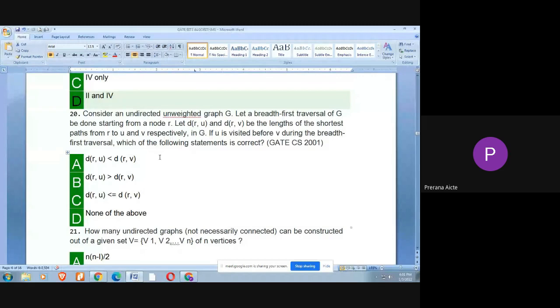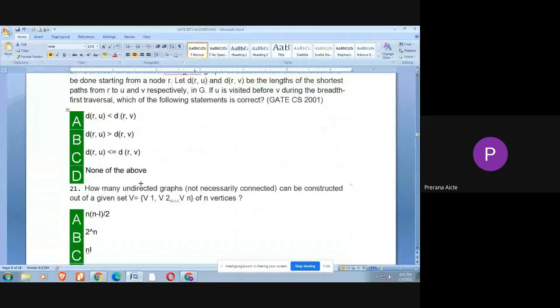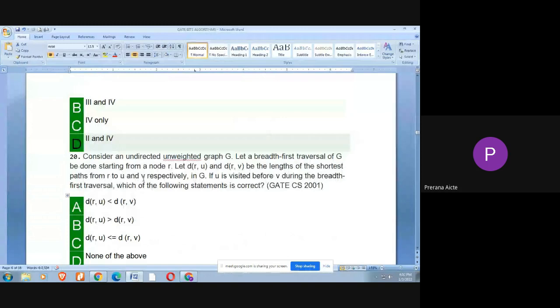Otherwise, d(R,U), the distance between U and R, will be less compared to the distance between R and V. So you can go for the option d(R,U) is less than or equal to d(R,V). So option C is the right answer.